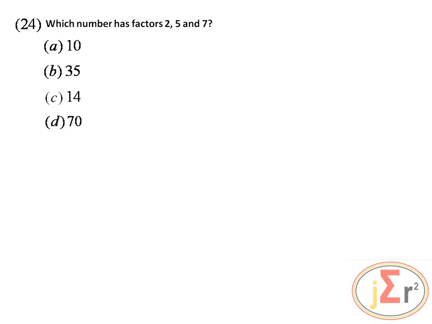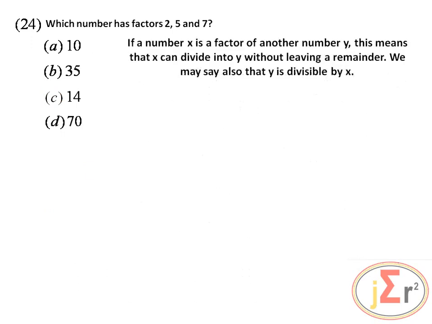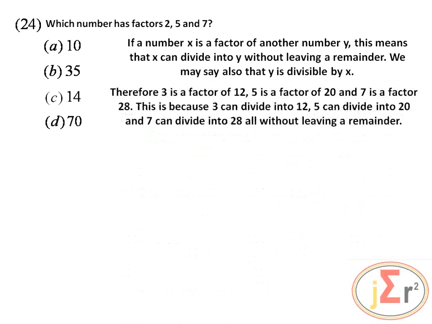Which number has factors 2, 5, and 7? If a number x is a factor of another number y, this means that x can divide into y without leaving a remainder. We may say also that y is divisible by x. Therefore, 3 is a factor of 12.